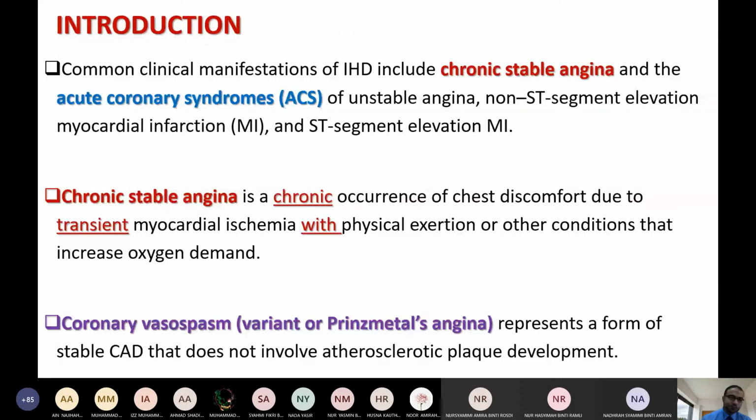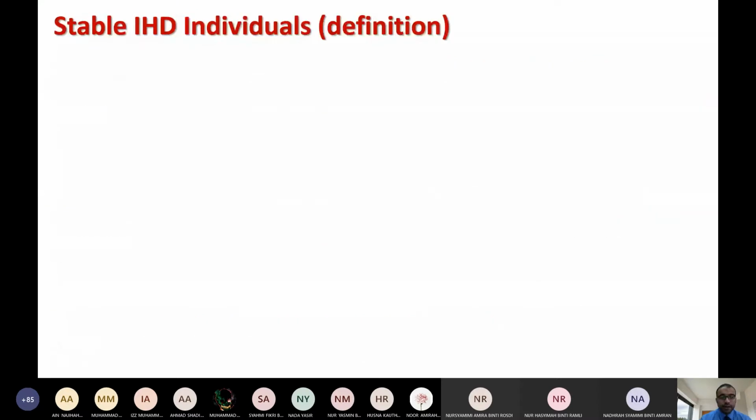Okay. So of course, perhaps in our community or our families, someone or one of our relatives has this heart condition. Sometimes we get confused about when it is stable ischemic heart disease and when it is the other condition.